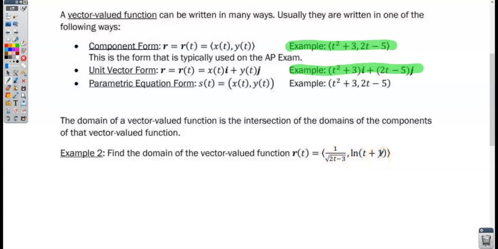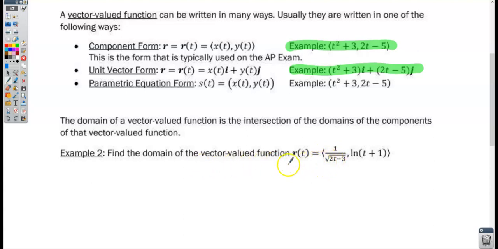We talked about this very briefly when we were talking about parametric equations, how the domain of a parametric curve, the time values where the parametric curve existed, was the intersection of the time values where the individual parametric equations existed. Same thing's going to happen here with a vector-valued function. You'll find there's a lot of connection between vector-valued functions and parametric curves.